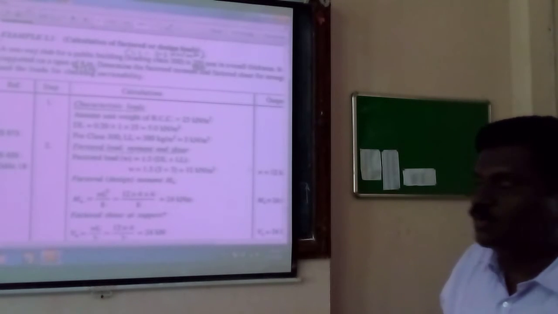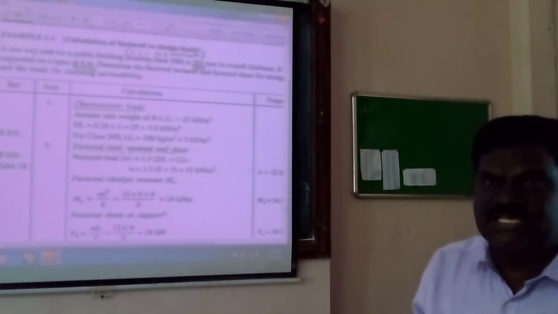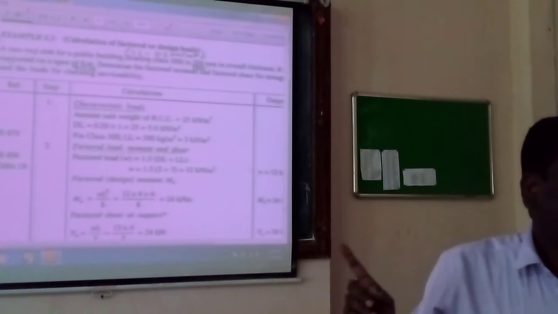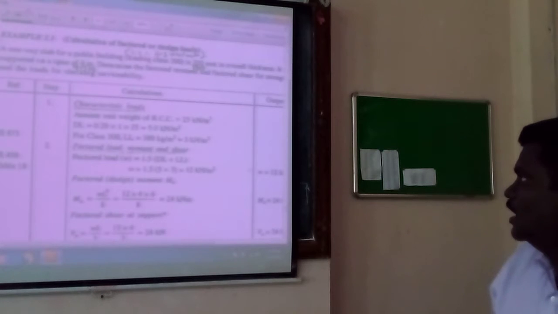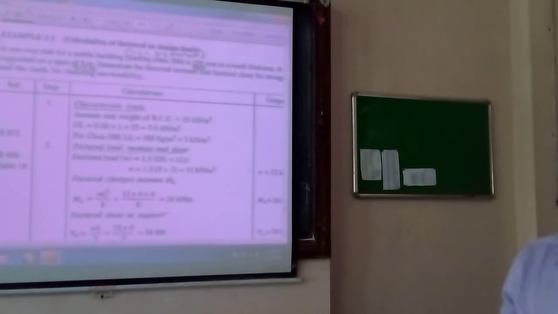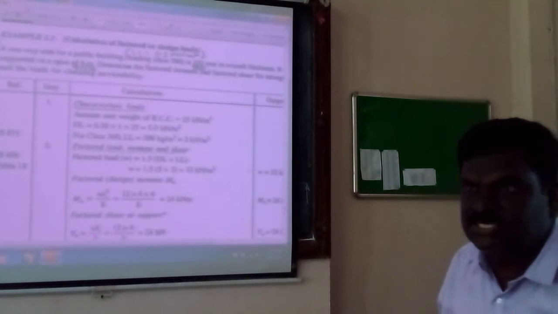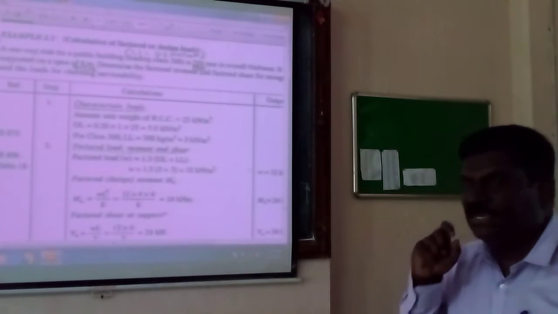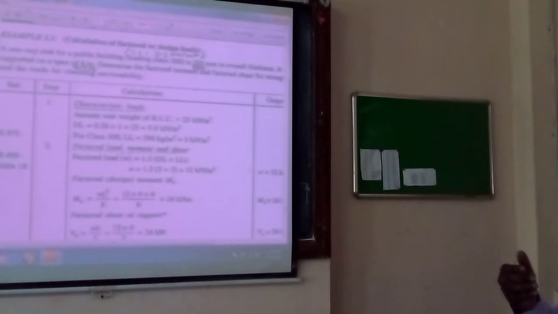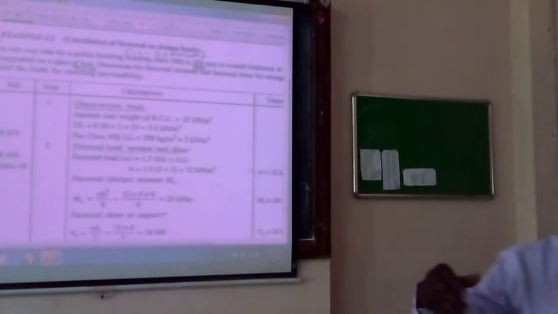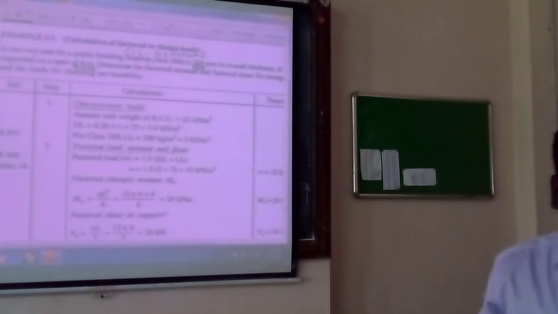Write down now, that is equal to 1.5 into (4.5 plus 3.5). 4.5 plus 3.5, how much? 12. It is only 12 kilonewton per meter square. Okay, you are done. Now write down factored, within brackets design moment.